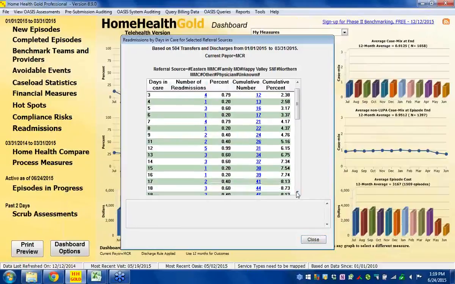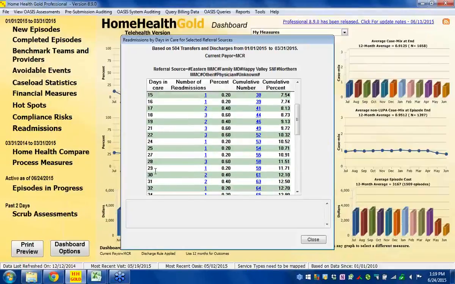And this is where the 30 days will come into play. So you could just follow this down to day 30 and say, okay, within 30 days from that start of care or resumption of care, we had 61 out of those 504 people transferred to the hospital, which makes up 12%.